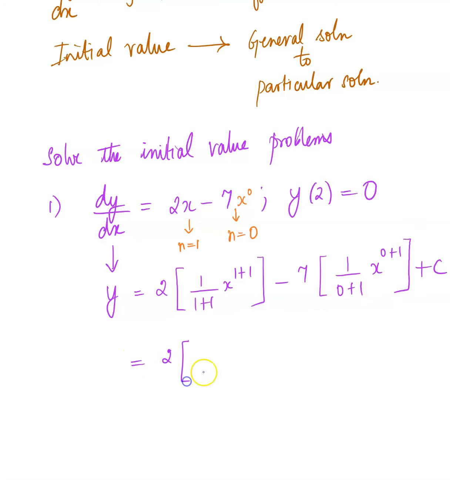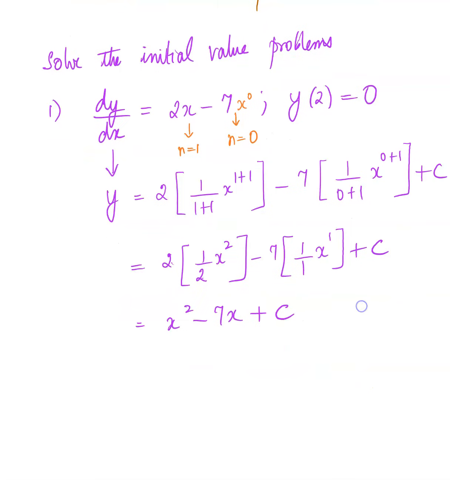2 times 1 over 2 x squared minus 7 times 1 over 1 x power 1 plus c. I'm just writing it out so you can see. The 2's cancel off, leaving us with x squared minus 7x plus c. And this is your y, but you have that plus c, which is a general solution.